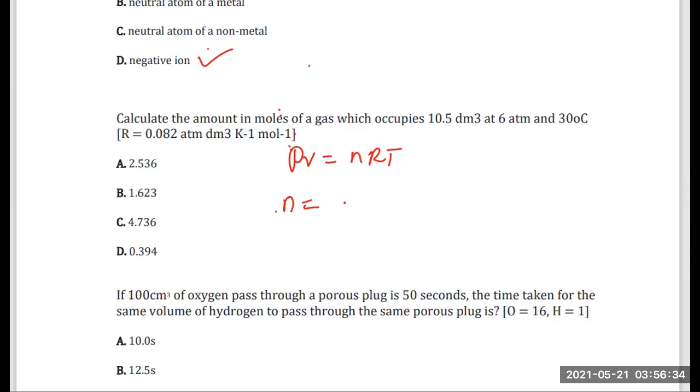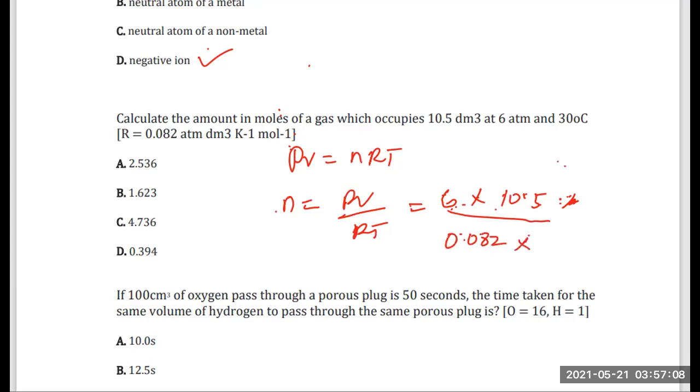All right. So n will be PV over RT. The P stands for pressure, that is 6. The V stands for volume, that is 10.5. That's 10.5 over R, which has been given as a constant, 0.082, times the temperature.